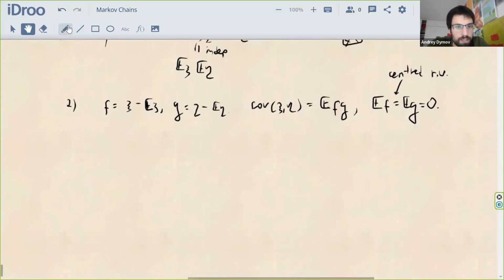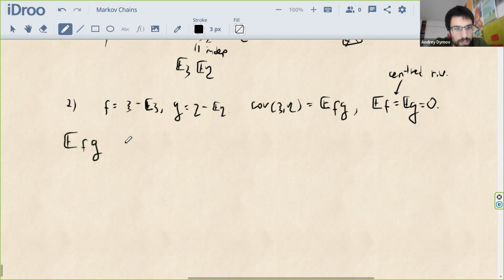Well, and now let us note that this expectation of f times j is a scalar product. It is easy to check that all properties of the scalar product are satisfied by this expectation. But in which space is it a scalar product?